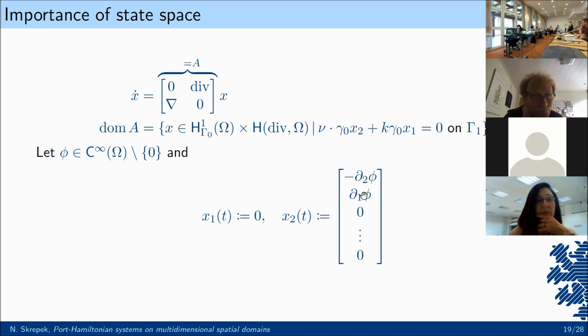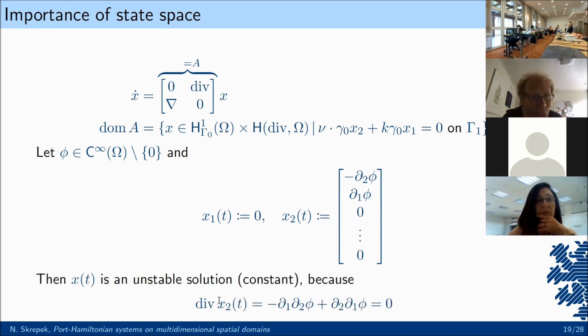On the right-hand side, the gradient of 0 is 0, and the divergence of this vector is also 0, because we can use Schwarz's theorem to switch the order of the derivatives. So this is a constant solution of our problem, which is also an unstable solution.